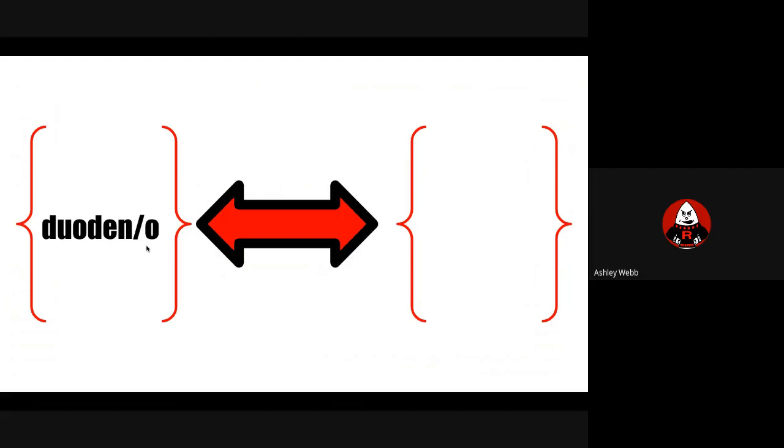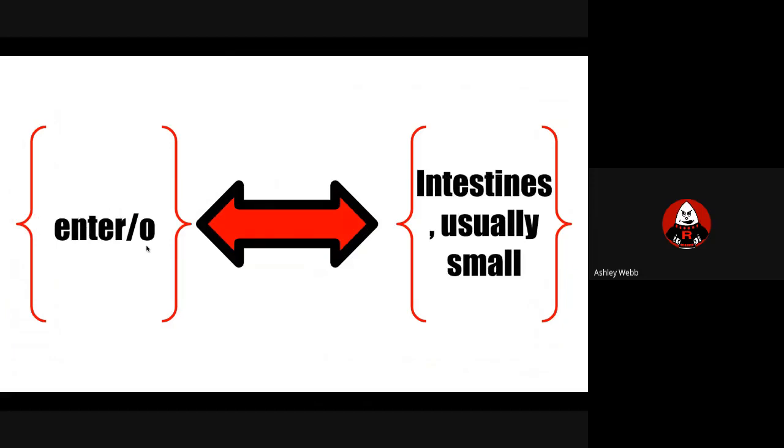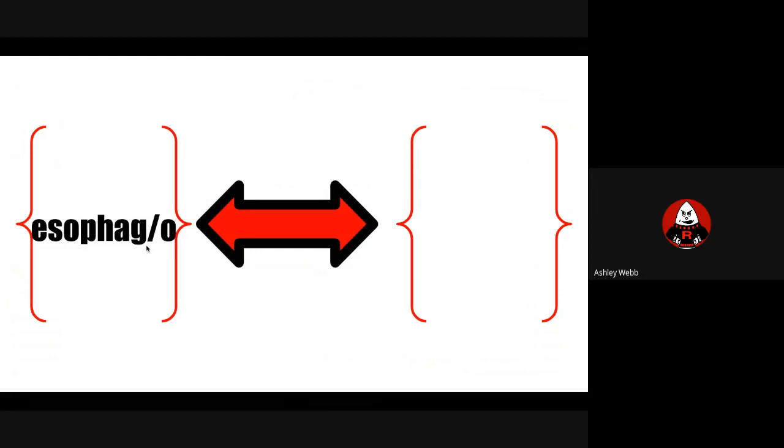Okay, this means duodenum. Entero is, I think we've learned this one before, but it's intestines. Okay, that one's a pretty easy one. Esophagus. This one, when I see this, I think facial, and that IAL, of course, means pertaining to, and so this means face, pertaining to the face.